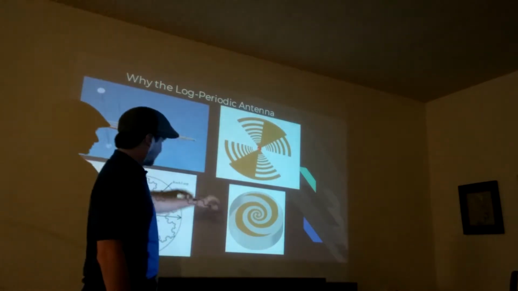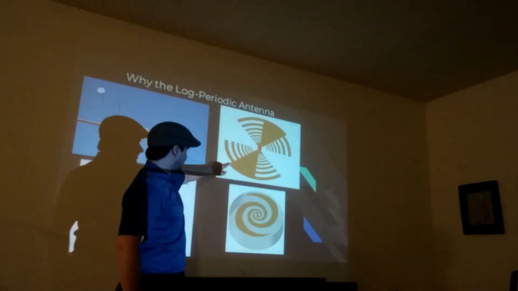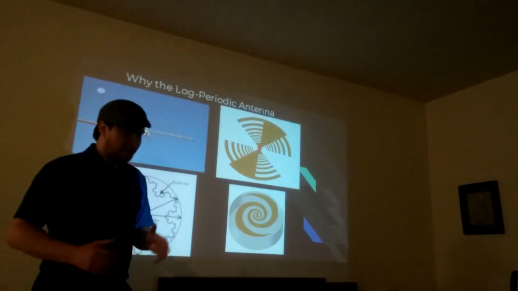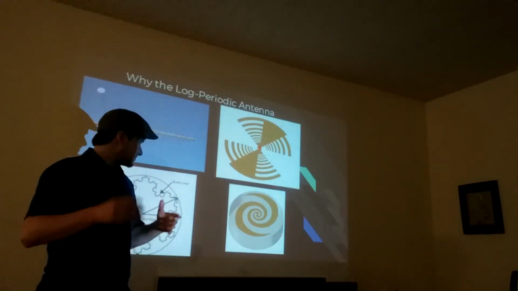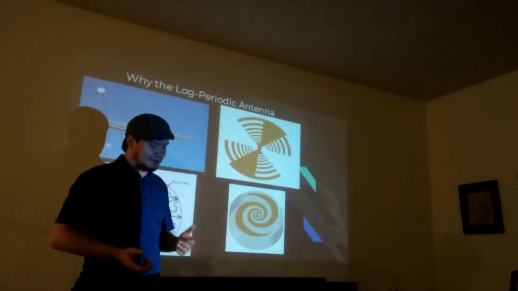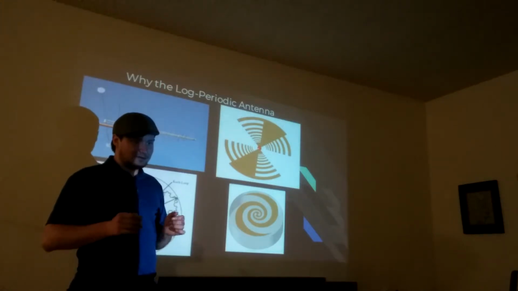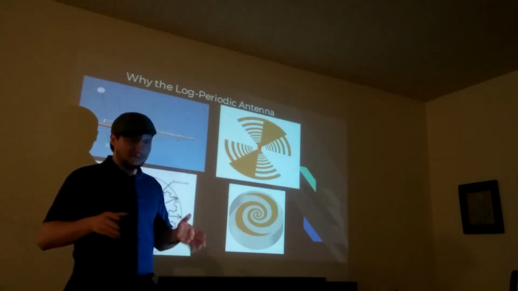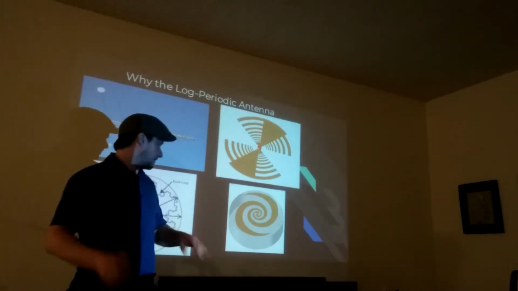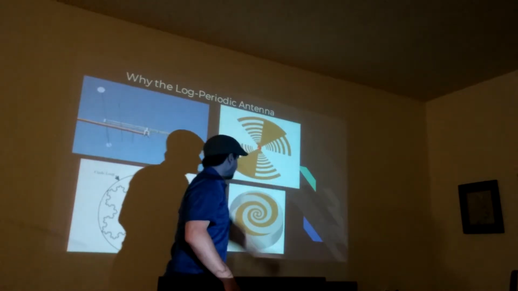The same thing is for this log periodic circular antenna, where the length of this arc corresponds to what frequency that piece operates for, similar to a patch antenna where it will operate at lambda over 2, or half the wavelength, corresponding to the length of the antenna. That is this length for this antenna.